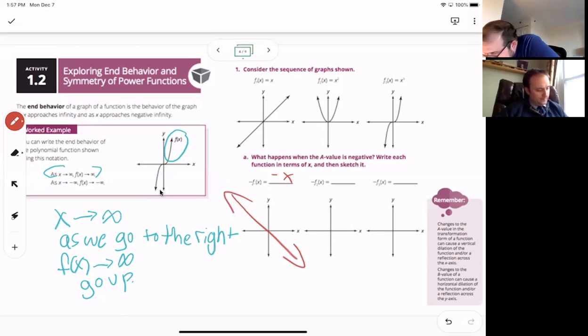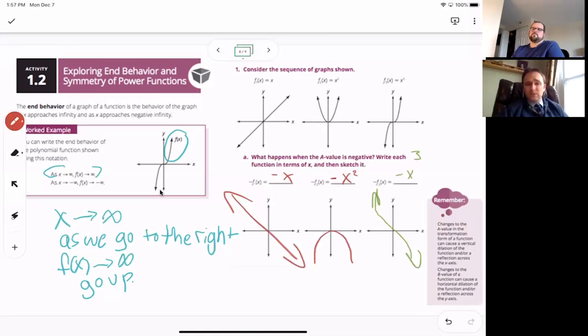F2 is x squared. Negative f2 of x would be negative x squared. And we've talked about this a lot with parabolas, where this is going to be a parabola that is concave down. And then negative f3 is negative x cubed. And that's going to take this curve and do something like that. So it flips upside down. So in all cases, we're just flipping this thing upside down.